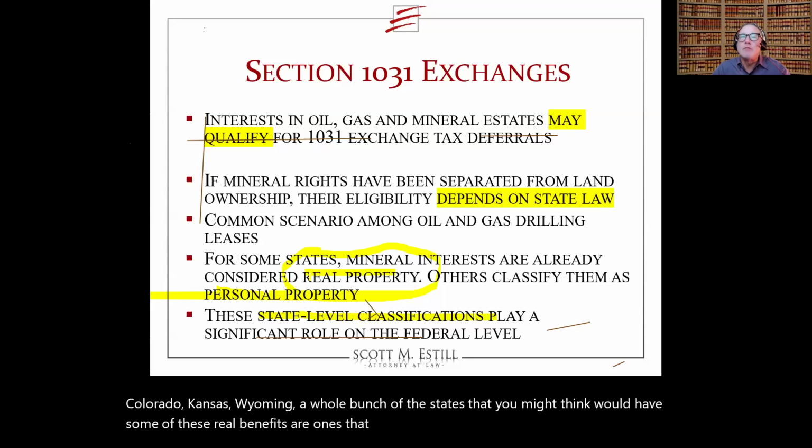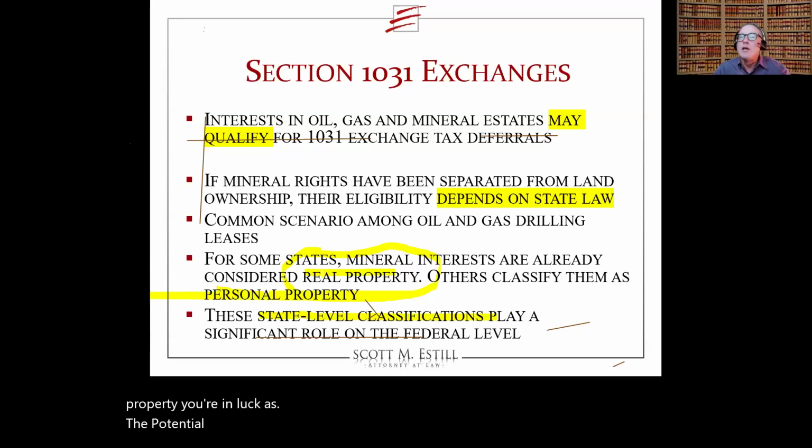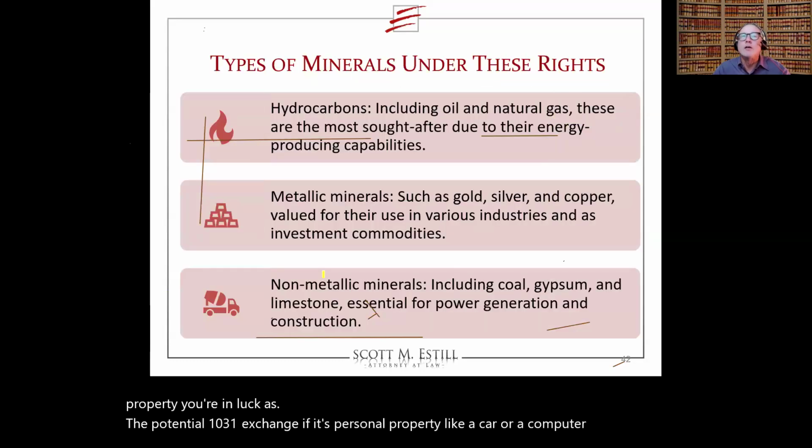So the first thing you need to find out is what state are you in, and how does that state classify the mineral rights? If it classifies as real property, you're in luck as a potential 1031 exchange. If it's personal property, like a car or a computer or something, no such luck.